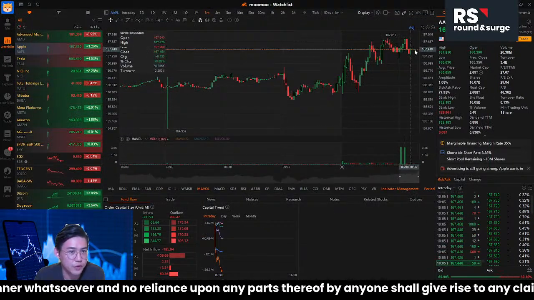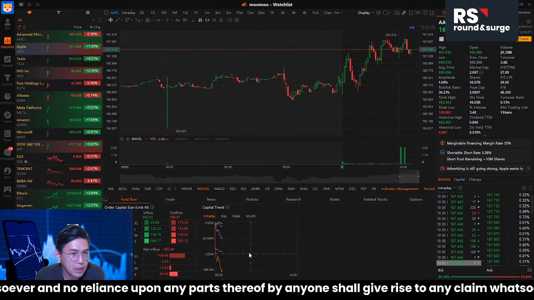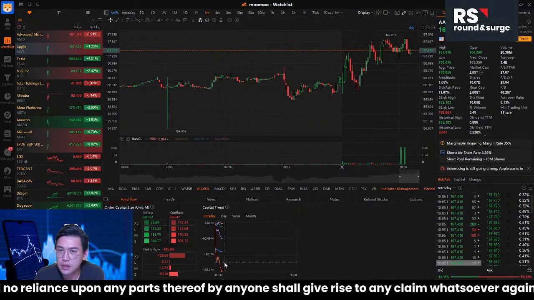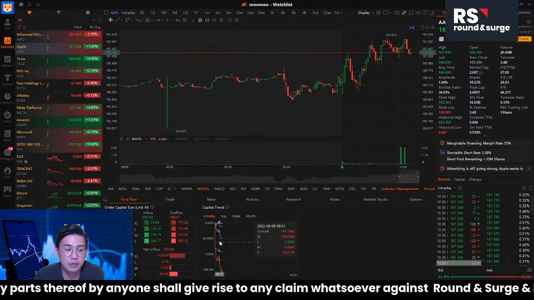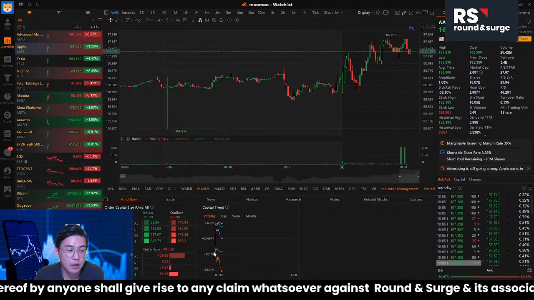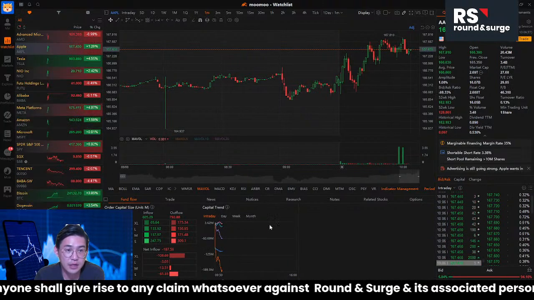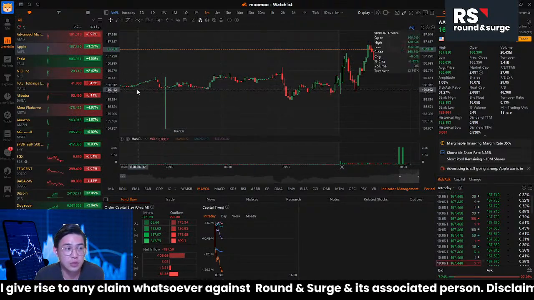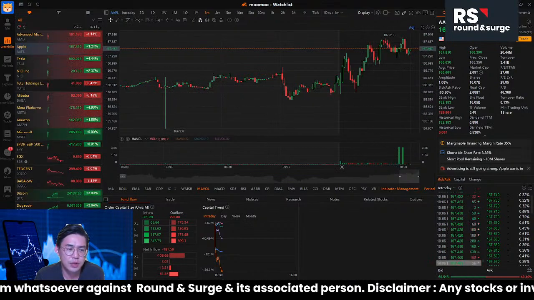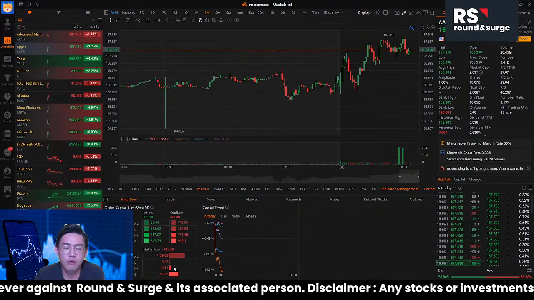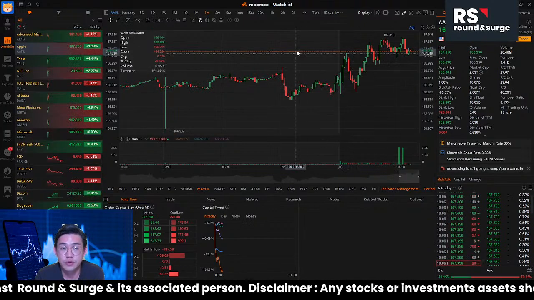It starts to move into sideways again. So one thing that we can see over here using this capital trend: it doesn't mean that if the capital net inflow is negative, then the price will go lower. It doesn't mean that, because this one is only showing you the overall total during the intraday.